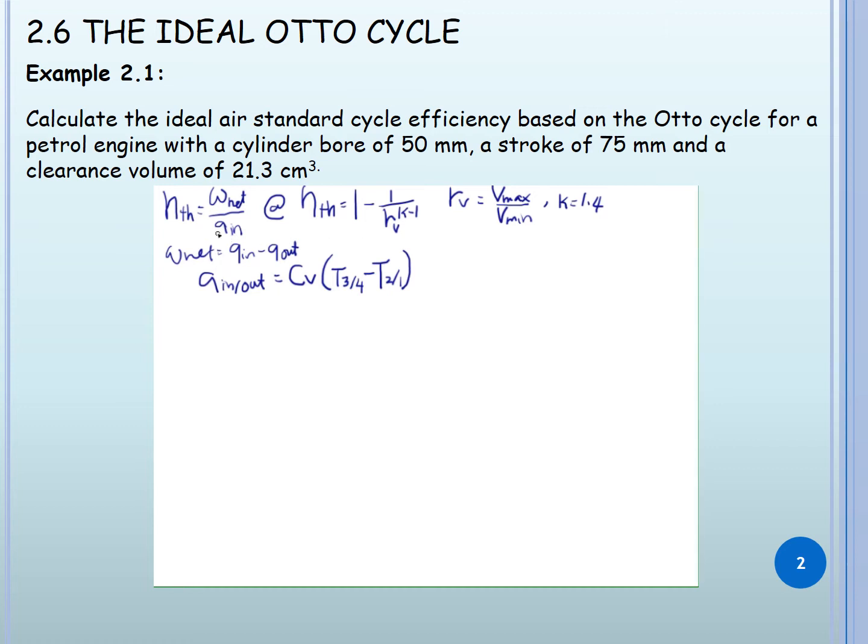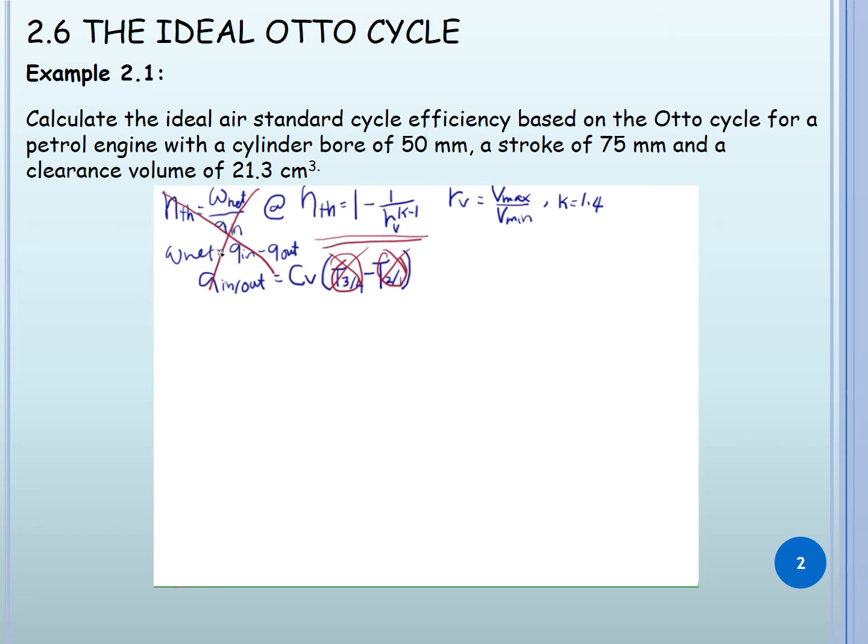So therefore, we cannot use the first equation because we don't know the temperatures, and we will use this equation to solve the problem.